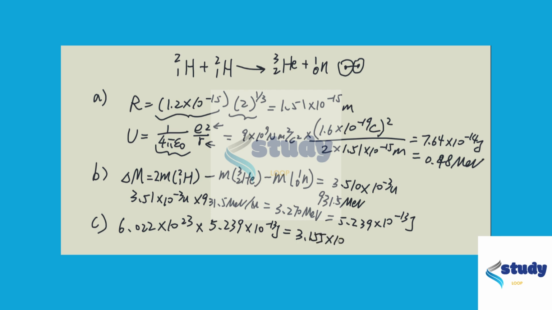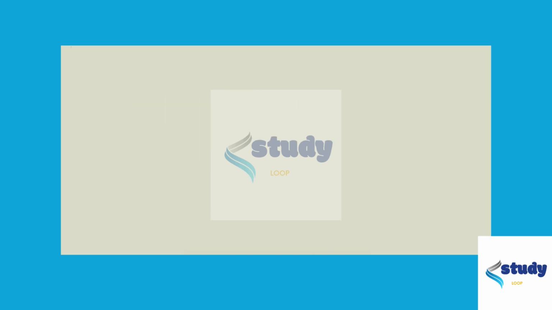This will produce 3.155 times 10 to the 11 joule per mole. And we can see this is more than 1 million times larger than the energy we get from the combustion of a mole of hydrogen gas.